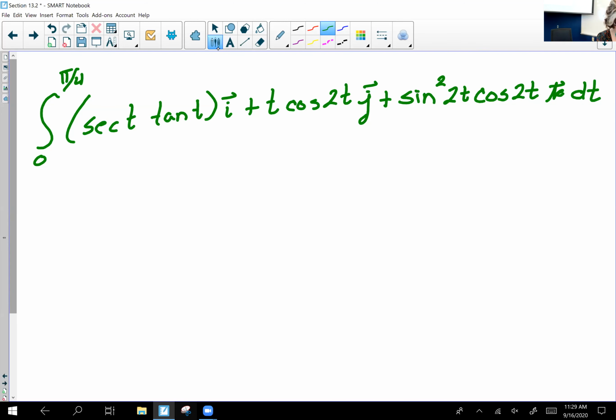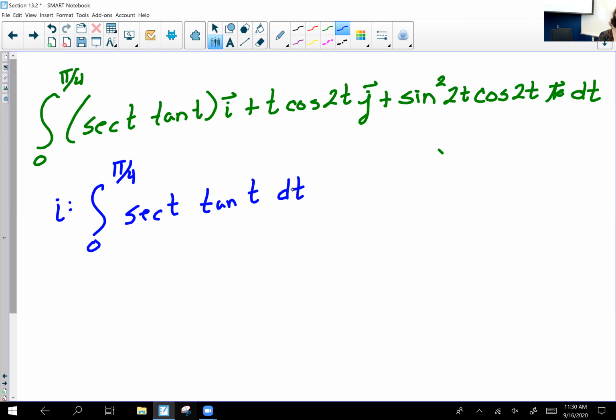So once again, instead of getting freaked out, we break it down, correct? So this one's going to be 0 to pi over 4, secant of t, tangent of t, dt. It's my i component. If you remember, and you can do it as a U-substitution, but I believe you guys probably had to go all the way through this. The integral of secant tangent is just secant.